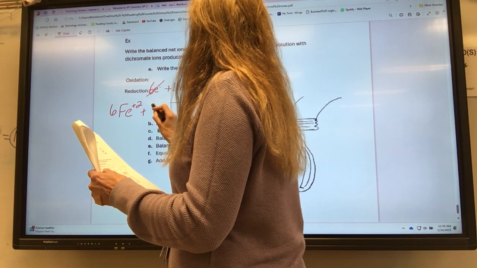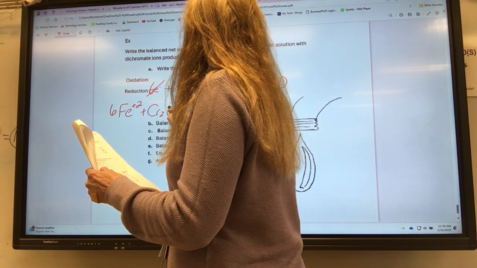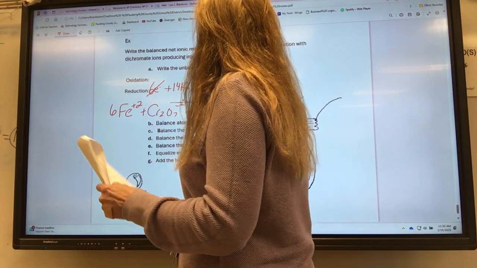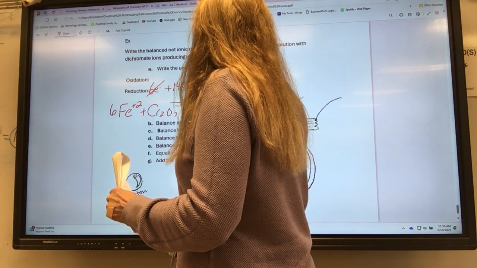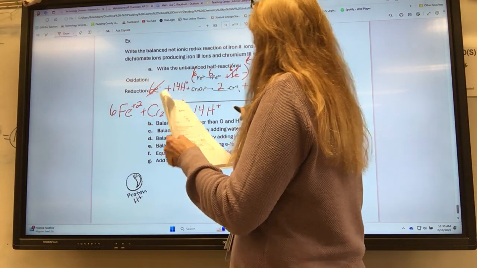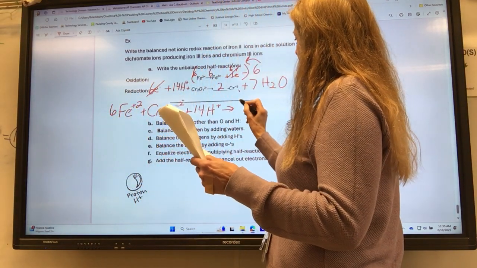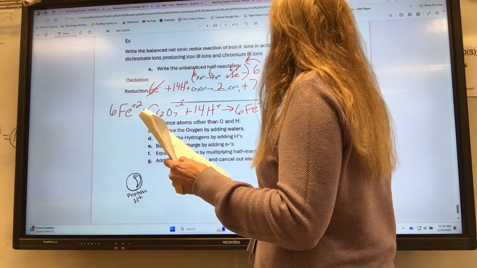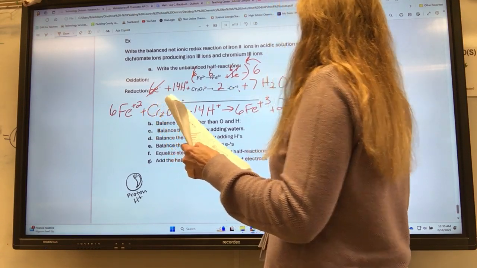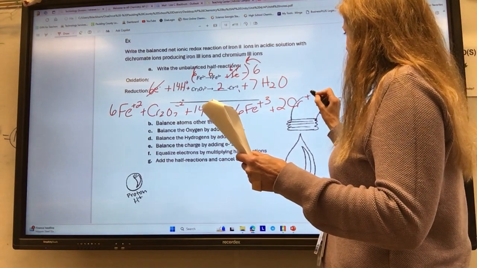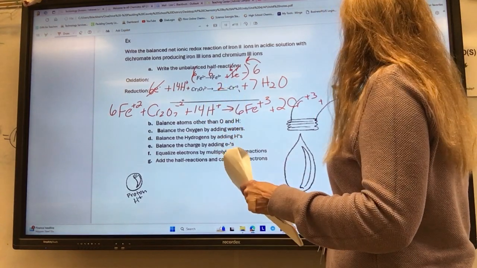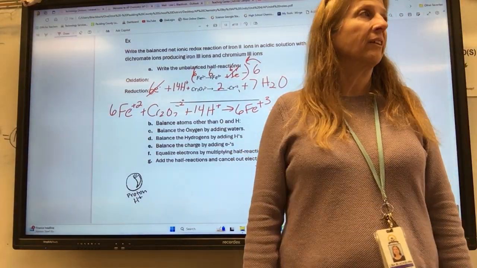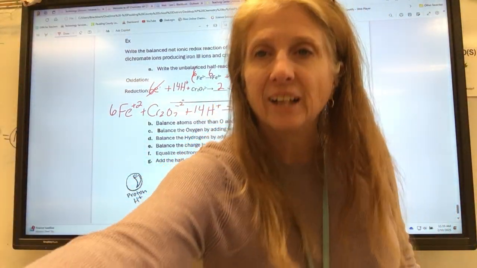And then I'm going to write my chrome, Cr2O7 minus 2. I'm going to write my 14 H's, my hydrogen ions. And then on this side, I've got 6 Fe plus 3 plus 2 Cr plus 3 plus 7 waters. Ta-da! And that's the hardest problem on this. And that's it. Ta-da! Science is great.